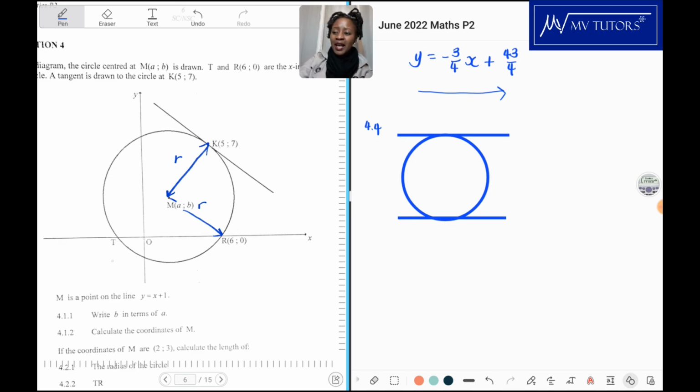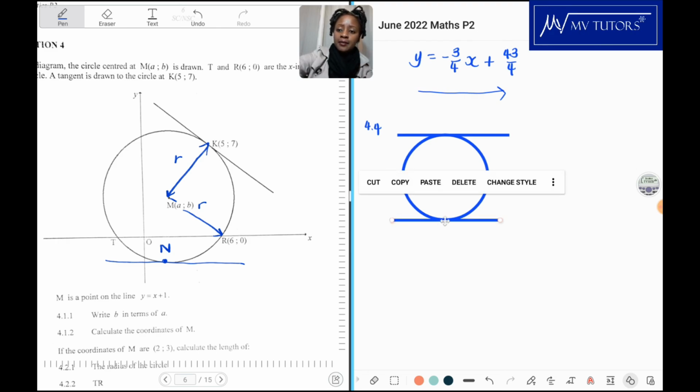So we are looking at the horizontal tangent at the bottom, and at that point is where we have N. We are basically looking at this point over here, which is N. This one does not qualify.